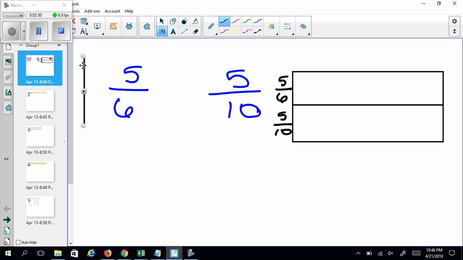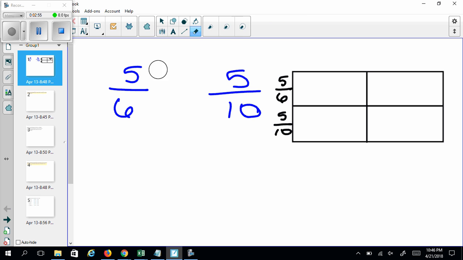So I'm going to take this line that I drew, and put it about in the middle of each rectangle, okay? So I'm going to move this down just a smidgen to make it as equal as possible. Now remember, it doesn't have to be perfect, but try and make it as close as you can, okay?